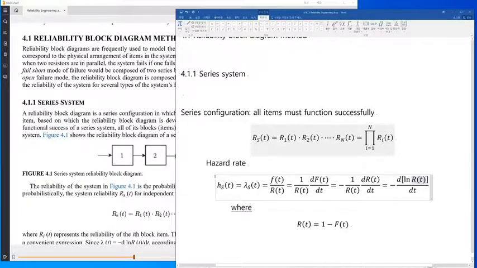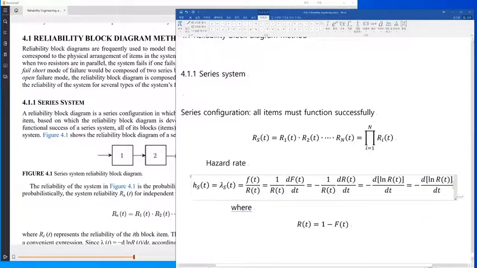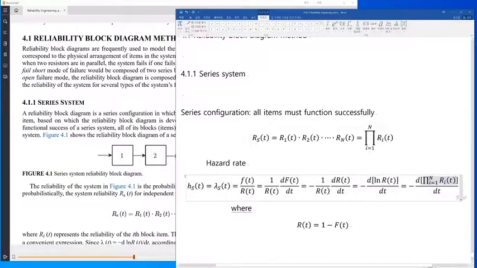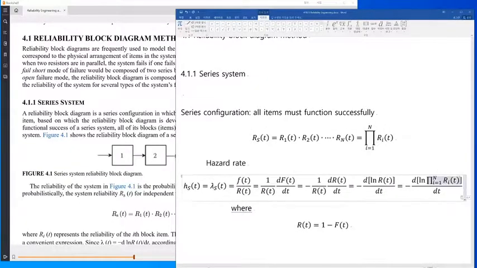Because we know that R(t) is given as the product of the reliabilities of components, if we take both sides with natural log, then log of R(t) will be the log of this product. And of course, at this point you know what we should do.